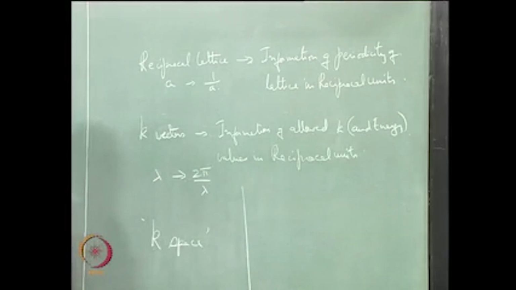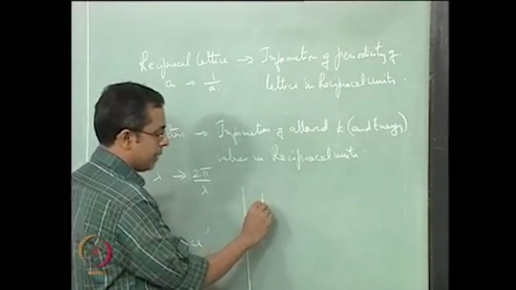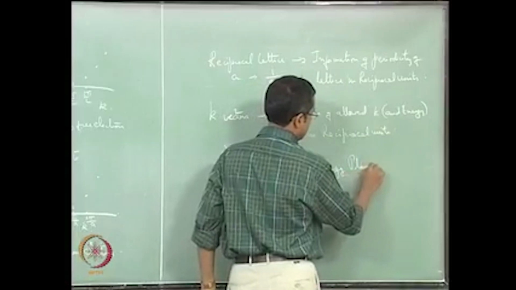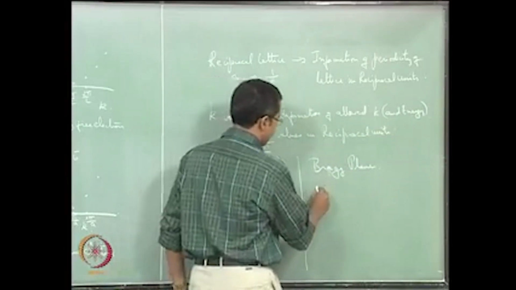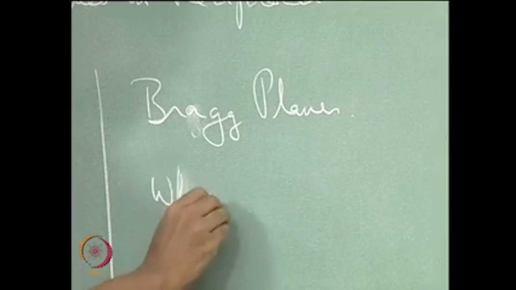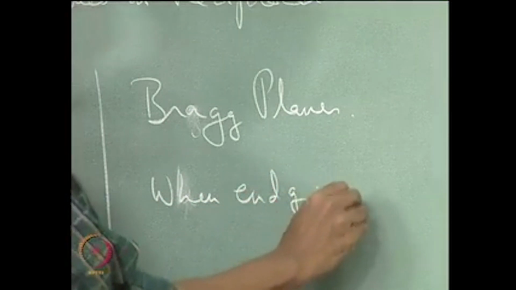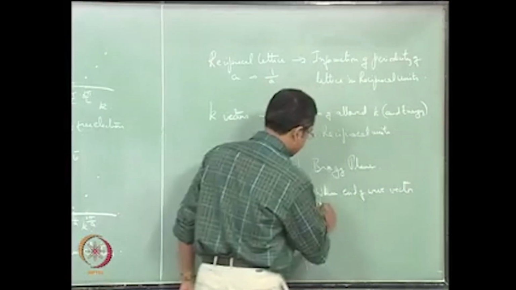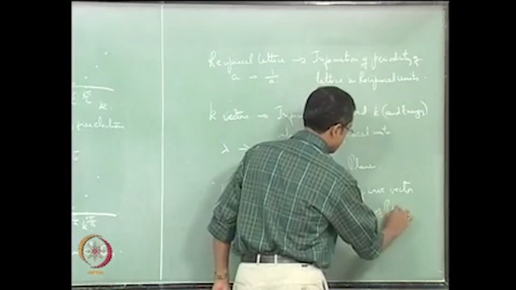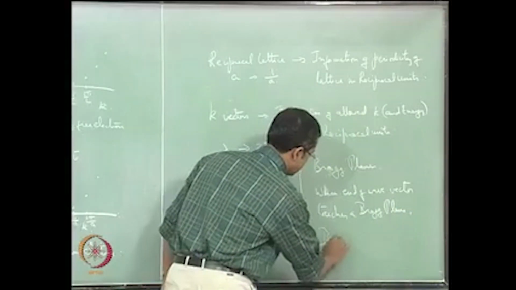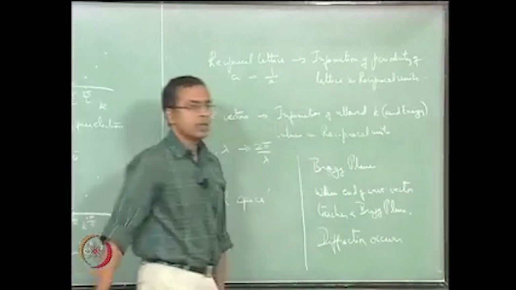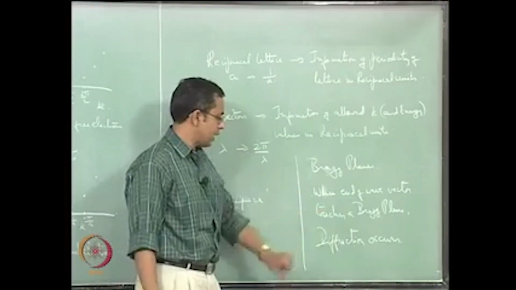We have seen that in reciprocal space we have identified what are known as Bragg planes, and we have said that when the end of a wave vector touches a Bragg plane, diffraction occurs.